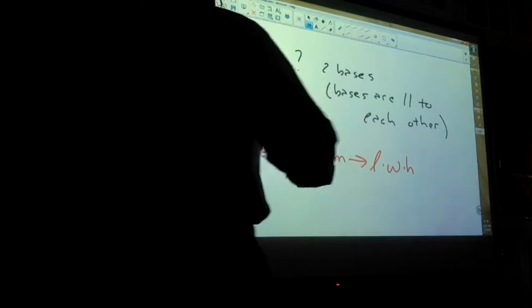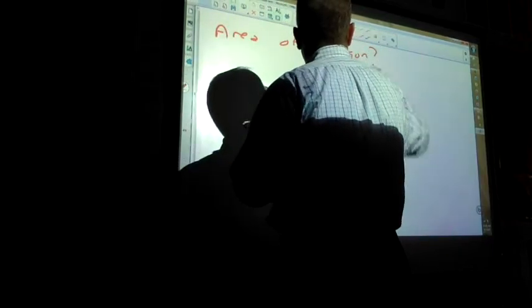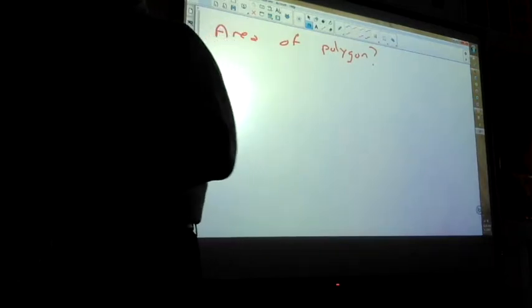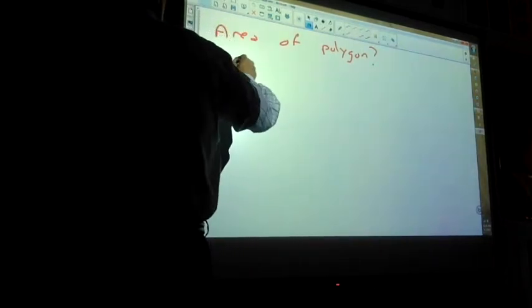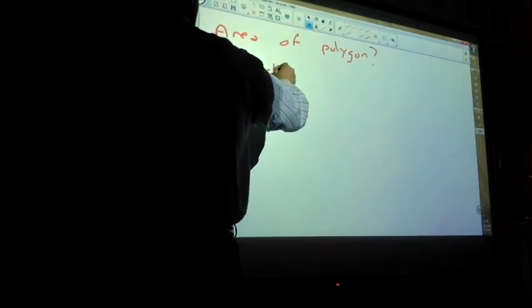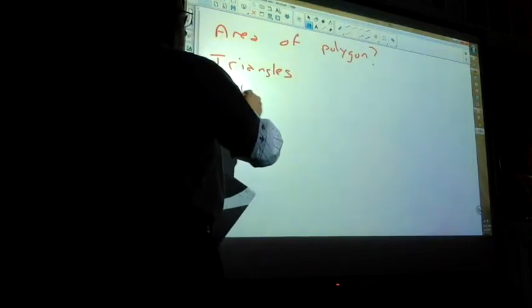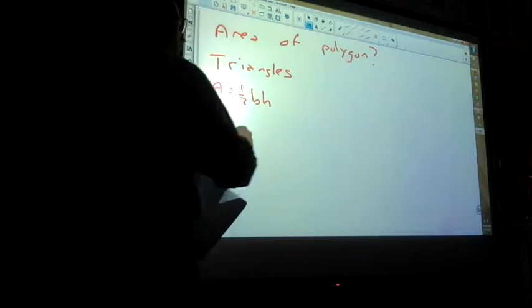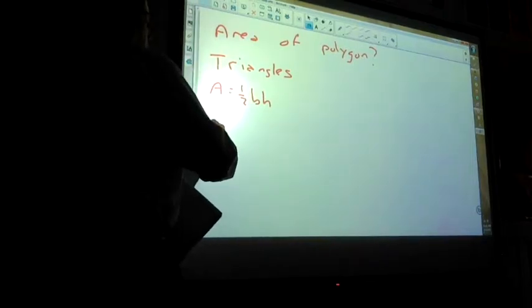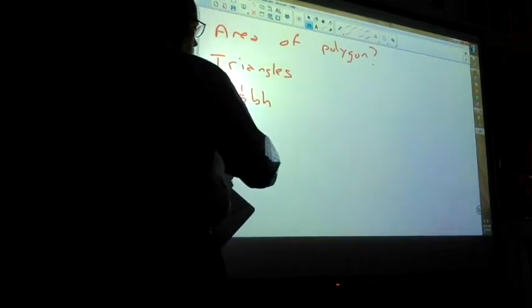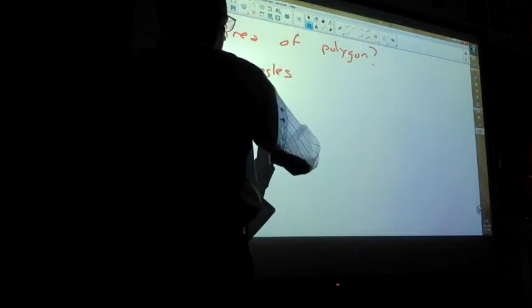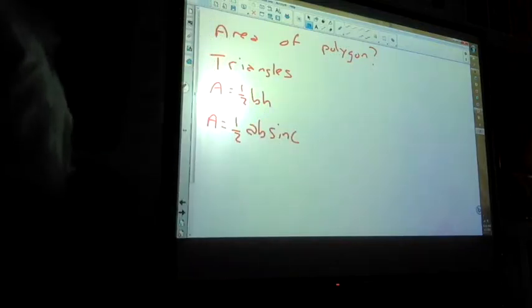So, what polygons can you find the area of? Okay? Well, you have a number of triangles that you are able to find the area of. I mean, you have area equals 1/2 base times height. If that doesn't work, you have area equals 1/2 ab sine C. Absolutely.